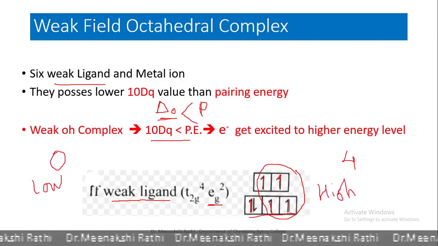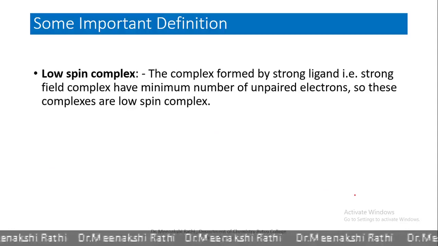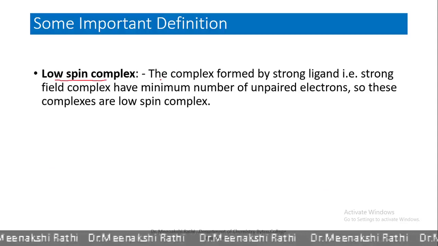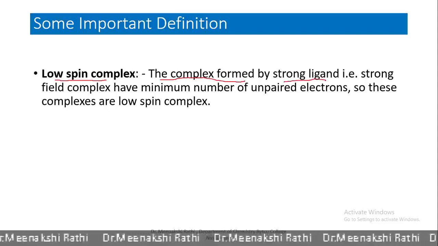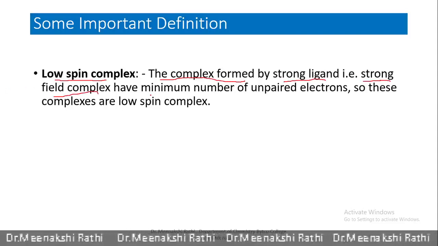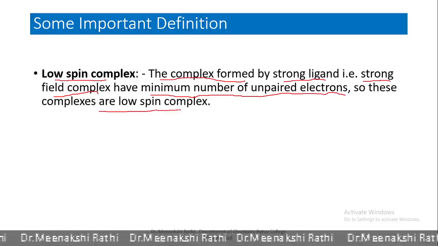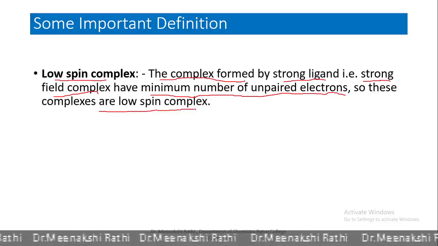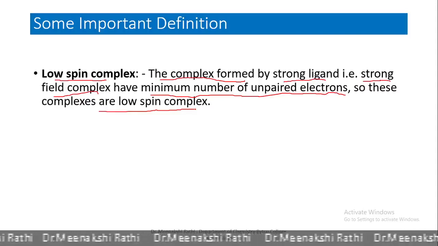So let's see the definition of low spin complex and high spin complex. Low spin complex is defined as the complex formed by strong ligand, that is strong field complex, having the minimum number of unpaired electrons.